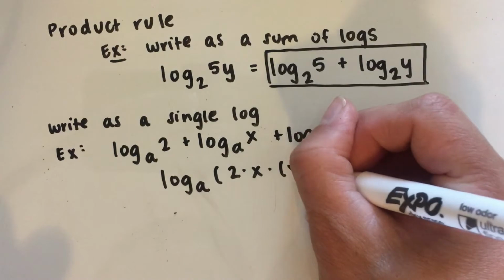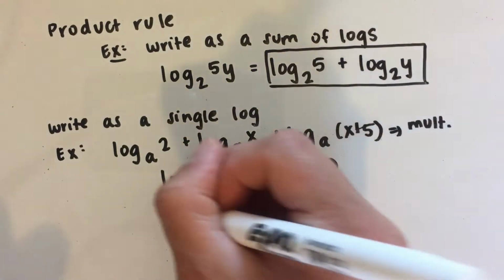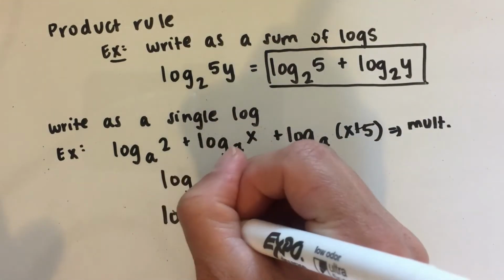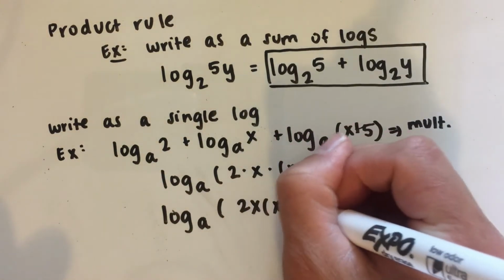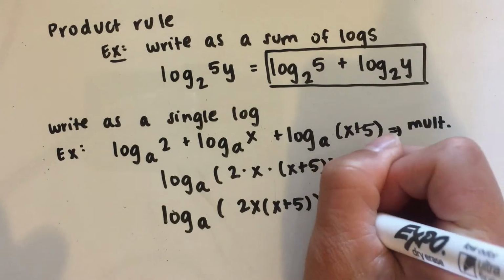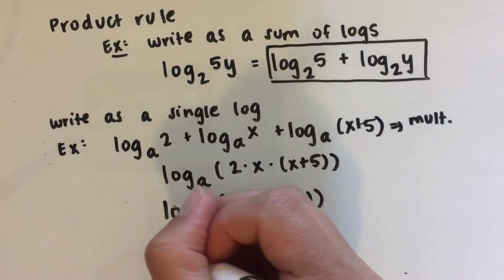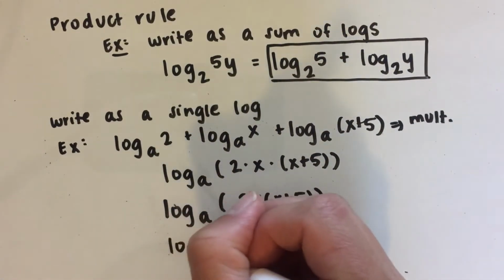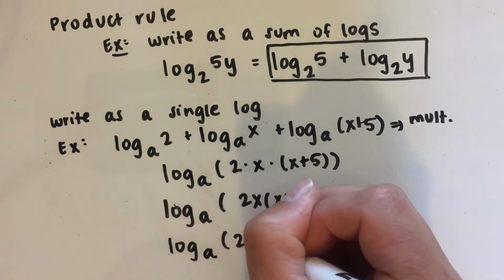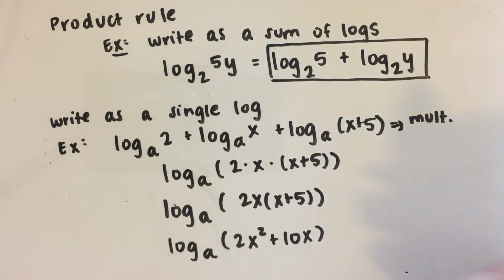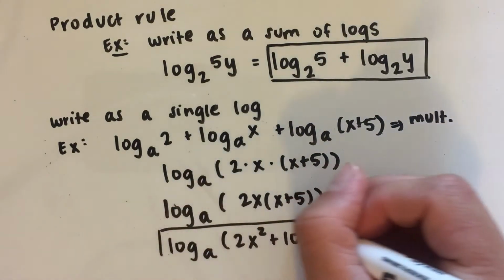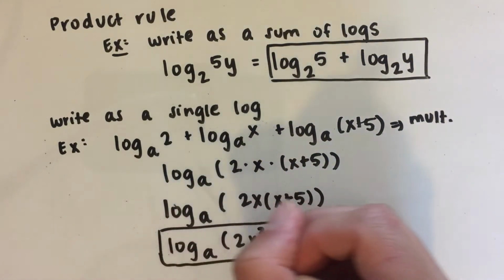So we have log base a of 2 times x plus 5. And that becomes log base a of 2x times x plus 5. Using the distributive property, we get log base a of 2x squared plus 10x. And that's your final answer.